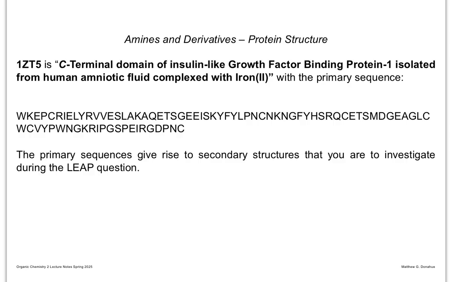And then between each letter is a peptide bond, so that's what you're to infer. So we want to use the PDB to learn more about the secondary structure of that primary sequence. Everyone got it? You there?